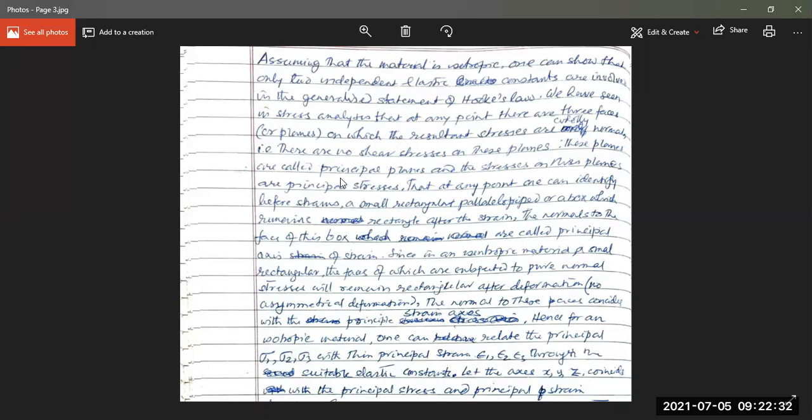These planes are defined as the principal planes, and the stresses on these planes are principal stresses.